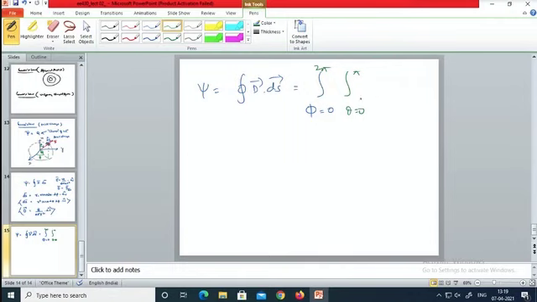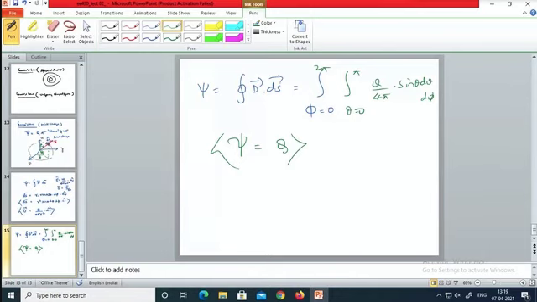So finally, if you multiply D vector and dS vector, you'll get Q by 4 pi into sin theta d theta d phi. If you simplify, you get phi is equal to Q. This is the verification of Gauss law for a point charge.